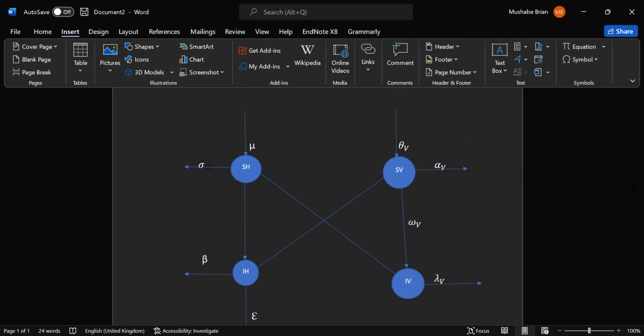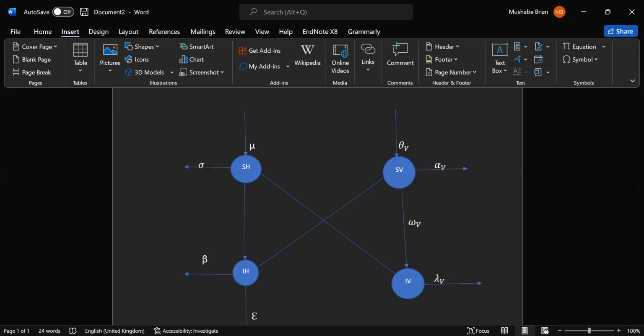And then we look at WV, which looks like the rate of infection from the susceptible compartment to the infected compartment. And then we look at gamma V, which looks like the death rate due to other reasons.